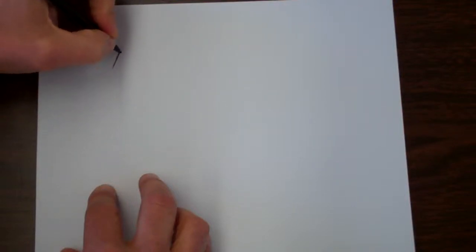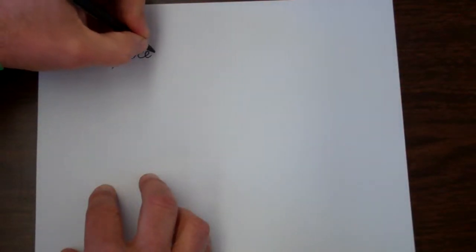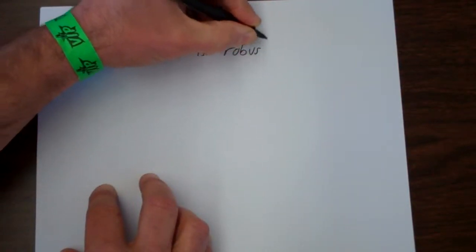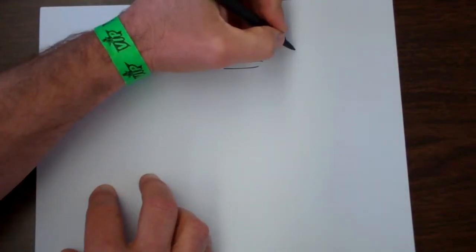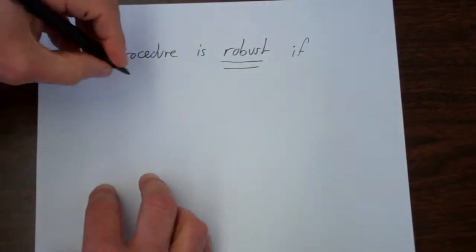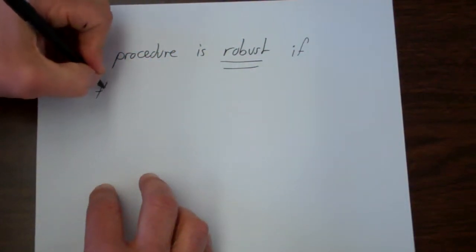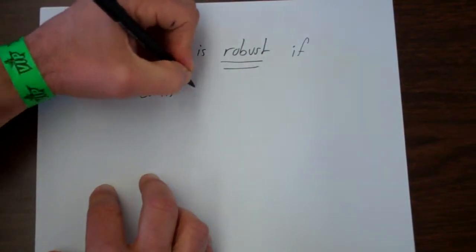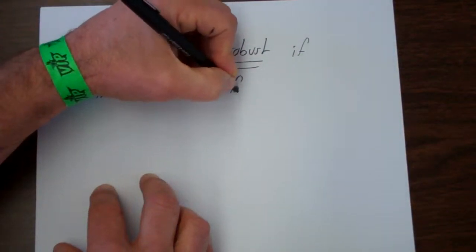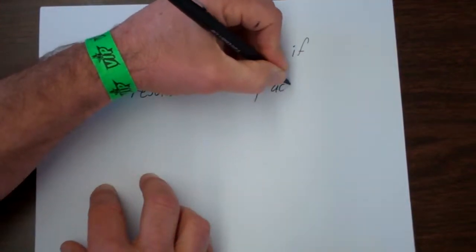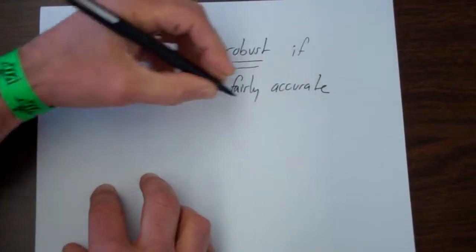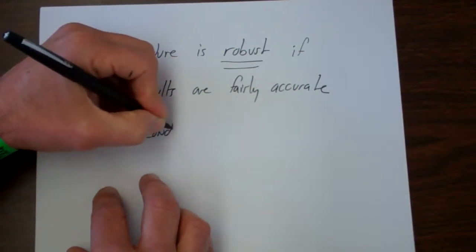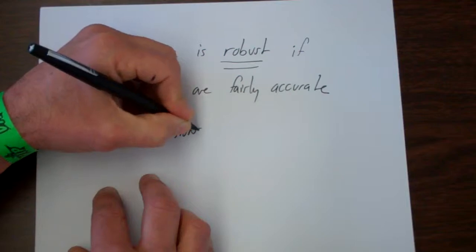So we say a procedure is robust if the results are fairly accurate under conditions where your assumptions are violated.